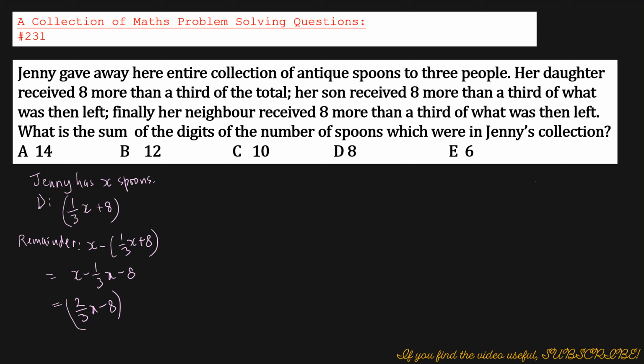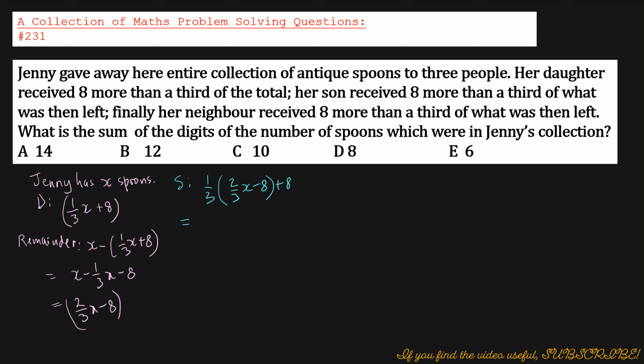Now how much does the son get? The son gets one third of 2/3 of X minus 8, plus 8.